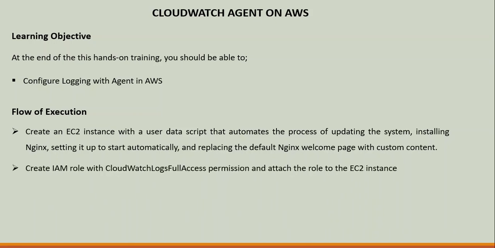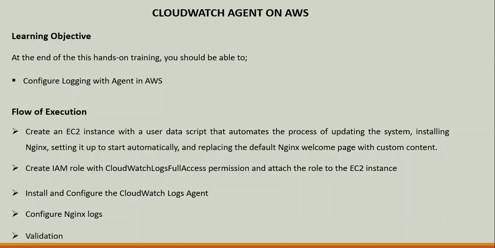The second step will be to create an IAM role with a CloudWatch Logs full access permission and attach the role to our EC2 instance. Next step will be to install and configure the CloudWatch Logs agent. The first step will be to configure the Nginx logs, and the last step will be to validate what we've done. Alright, so please get a cup of coffee or whatever will make you comfortable and let's dive in.